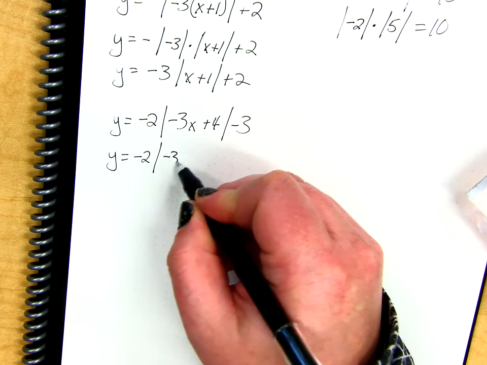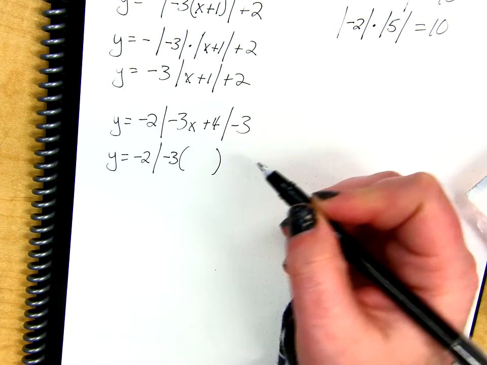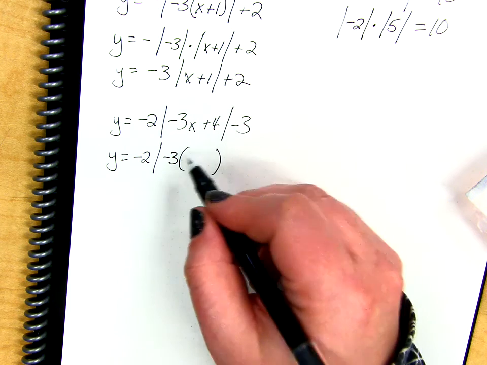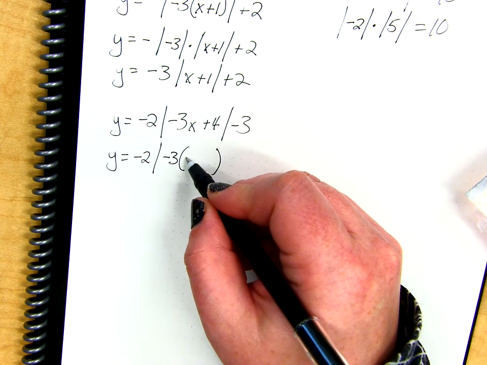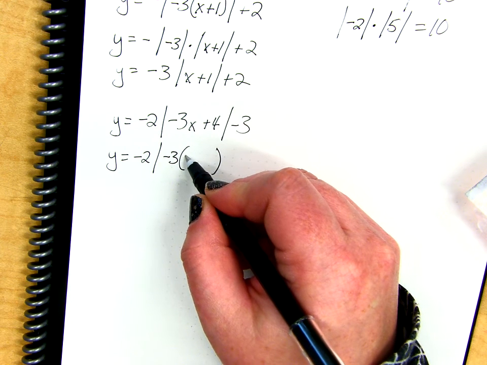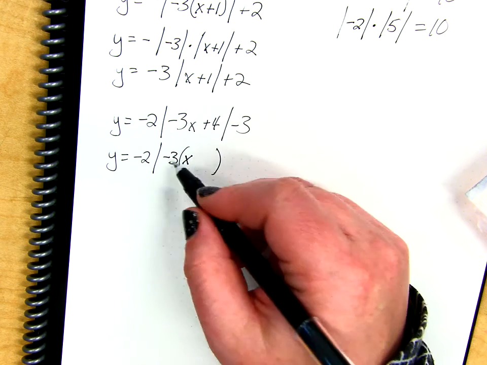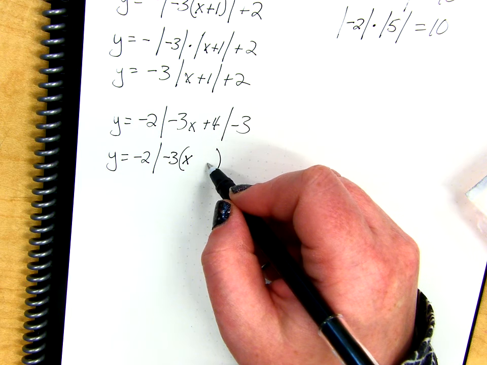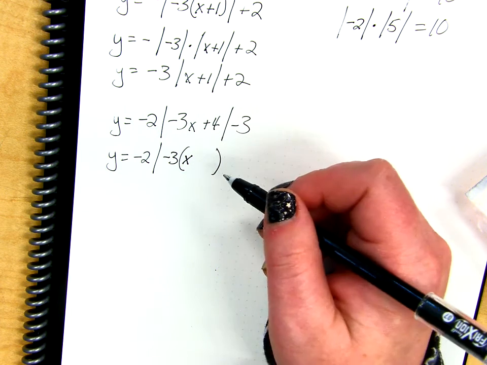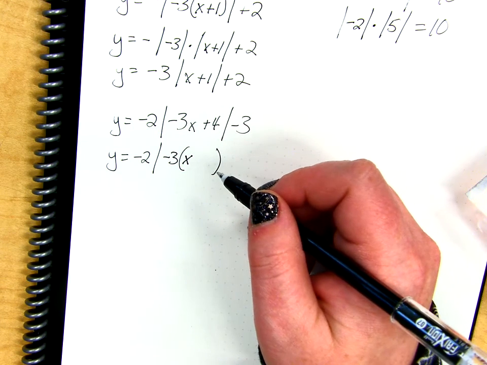So what do you think you get, guys? If you take out a negative 3, what would be left in there? What's the first thing? X, obviously, right? And then what would go here? What would you multiply by negative 3 in order to pop out a positive 4?